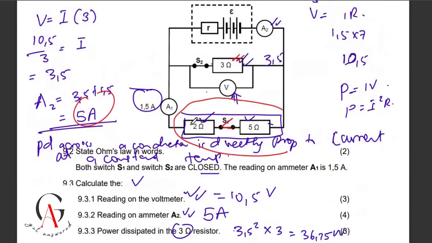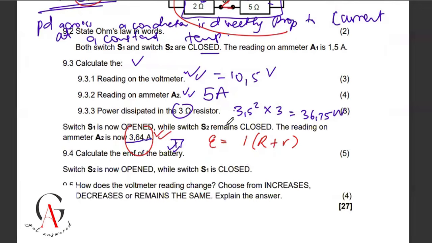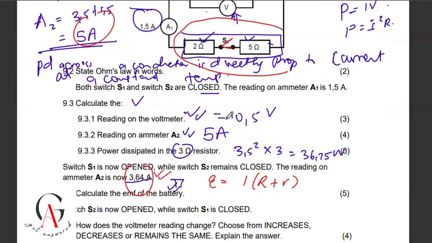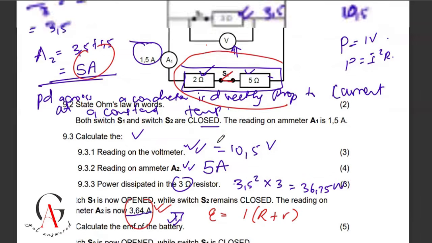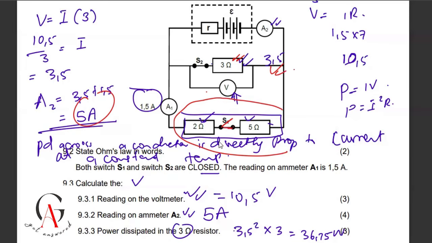So if the internal resistance is unknown, how do we go about that? I'm thinking of using the lost volts, because it's not going to make sense otherwise. If this is now the new current, either we have to start by calculating the internal resistance, even if I'm focusing on just the top part alone. So for me to get the internal resistance, I have to look at the entire system.